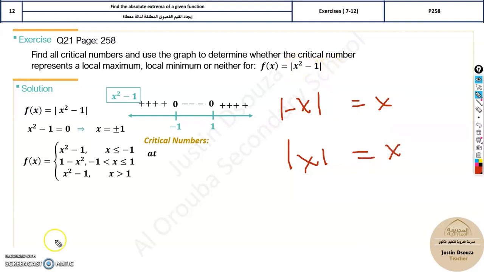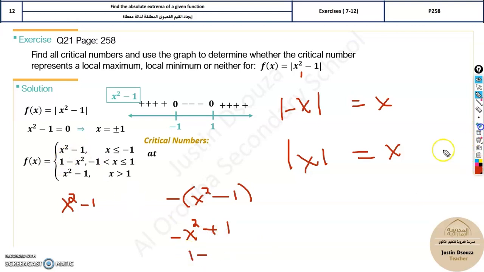So the functions over here can be two: x squared minus 1 or minus of x squared minus 1. Multiply this minus sign inside, it will be minus x squared plus 1. Over here it is written as 1 minus x squared. It's the same thing. So this is how we get this function. When it is negative, just multiply this by minus, and for this particular interval it is minus.